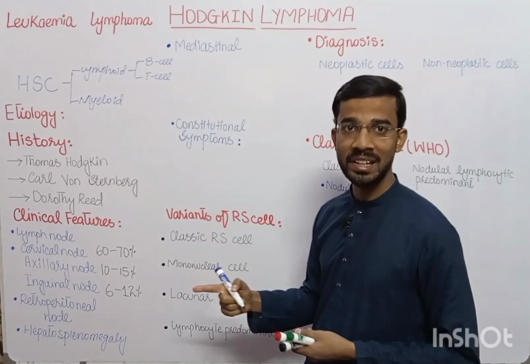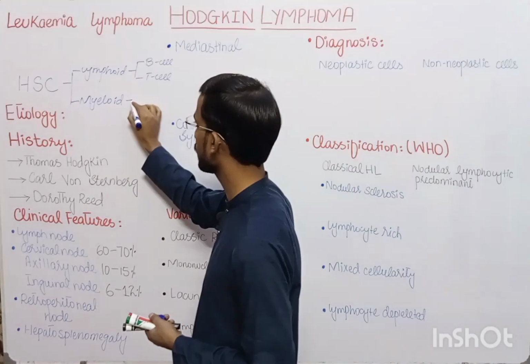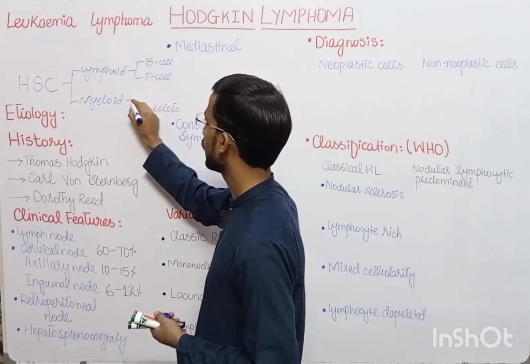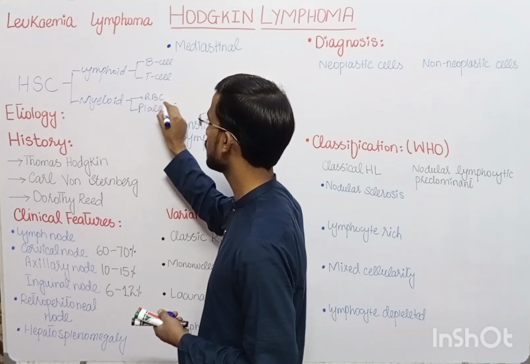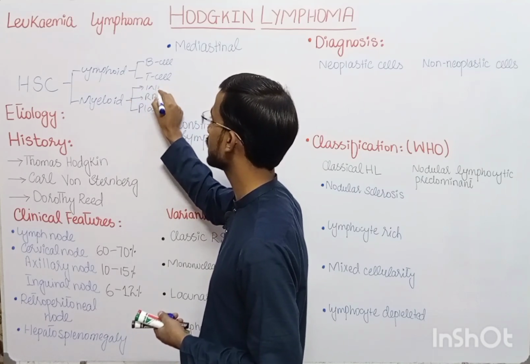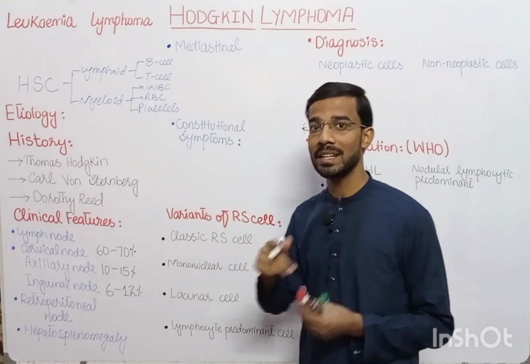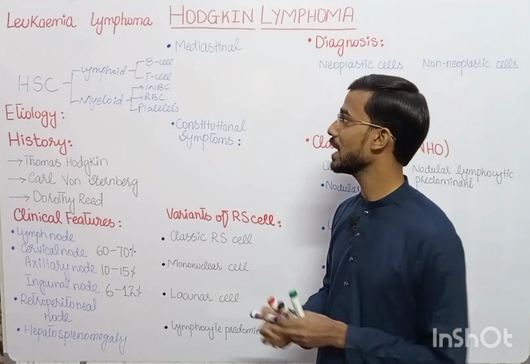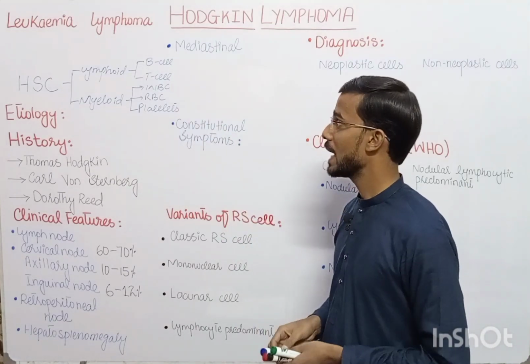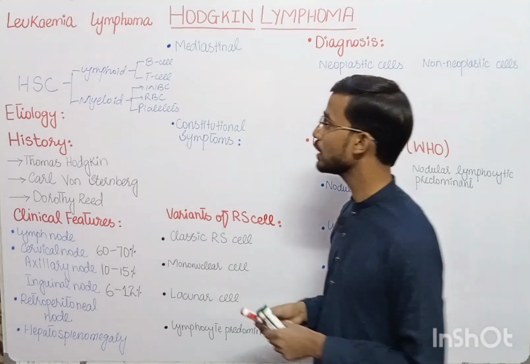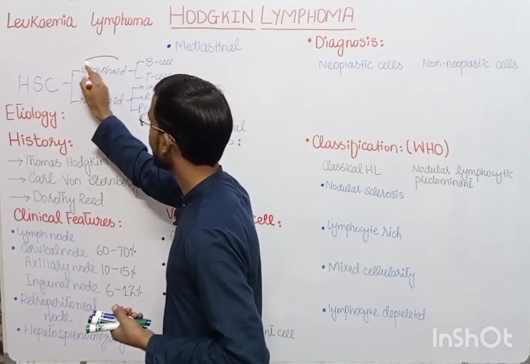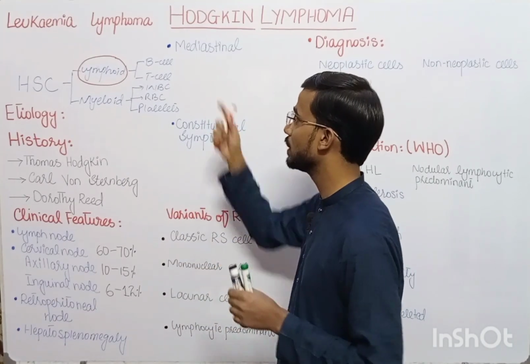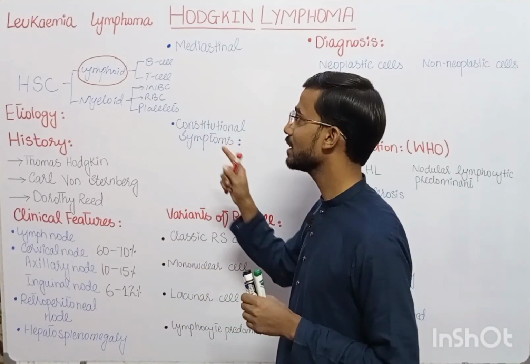And from the myeloid lineage, it results in the formation of platelets, RBCs, red blood cells, and white blood cells other than B and T lymphocytes, which include neutrophil, eosinophil, basophil, and monocytes.